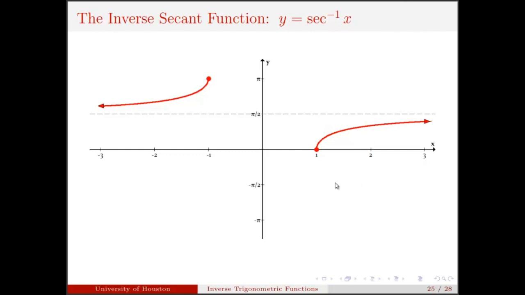Note that the domain of the inverse secant function is equal to the range of the secant function, which is equal to the union of the intervals minus infinity to -1 and 1 to infinity.